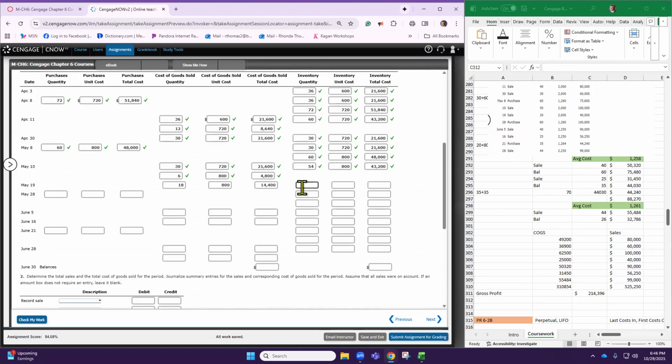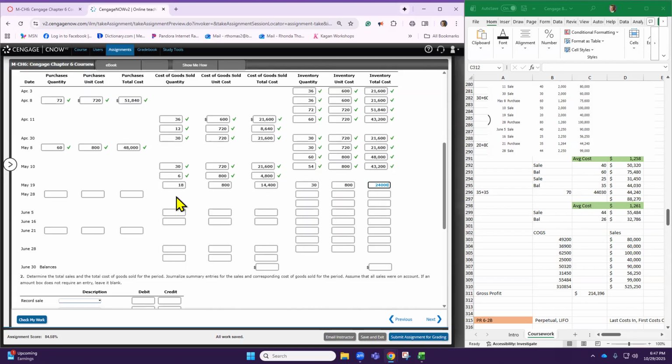So now we had 54 units and we just got rid of 6 and 18. And so there's no more of your 720. So this is all $800 costs. So 54 minus 6 minus 18 is 30 left. 30 left of $800 units. So we're looking at $24,000 there.